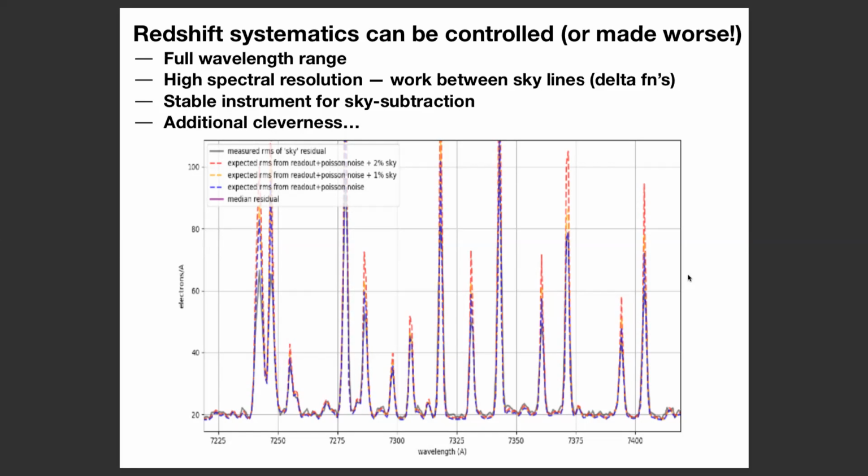And the sky brightness from the ground is primarily in these delta functions. For all intents and purposes, these are delta functions in wavelength. And if we disperse the light, then we can work between these skylines and mitigate this problem essentially as well as we need to.